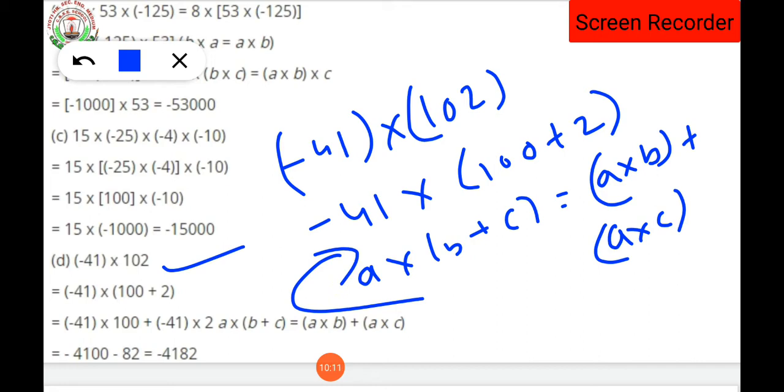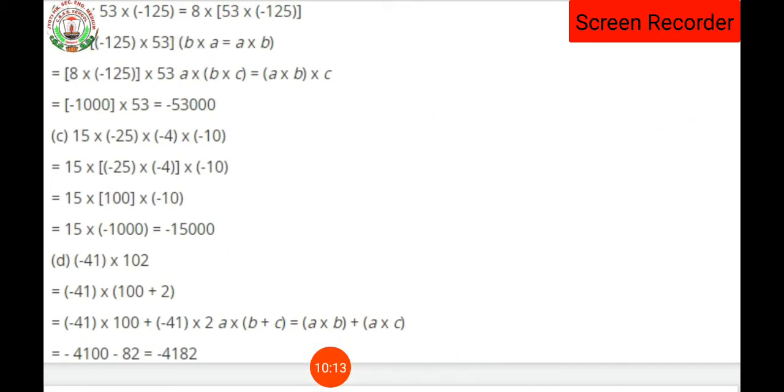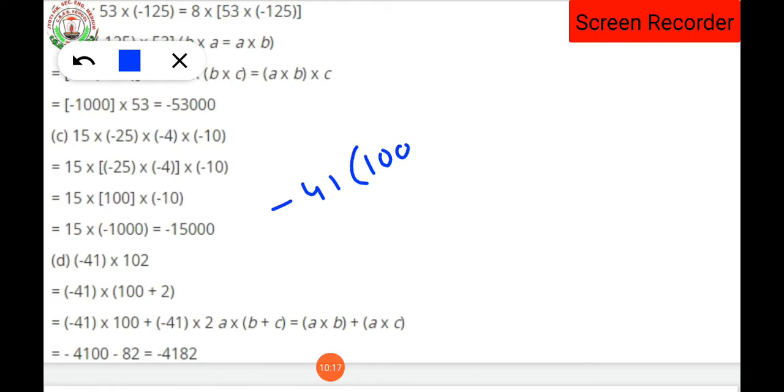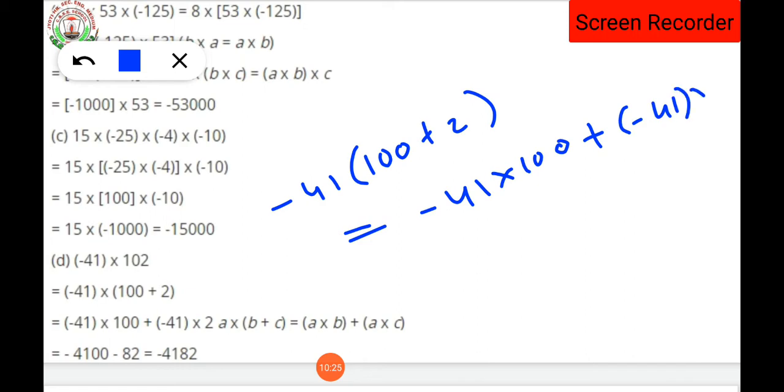Now, since we are using the distributive property, minus 41 into 100 plus 2, isn't it? So it is equal to minus 41 into 100 plus minus 41 into 2. It will become minus 4100 plus, multiplying minus 41 with 2, minus 82.